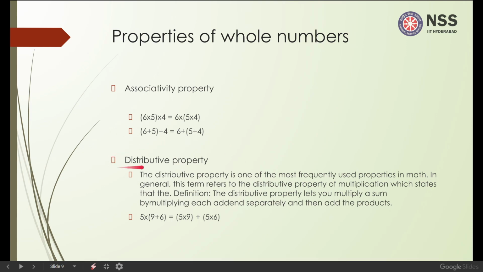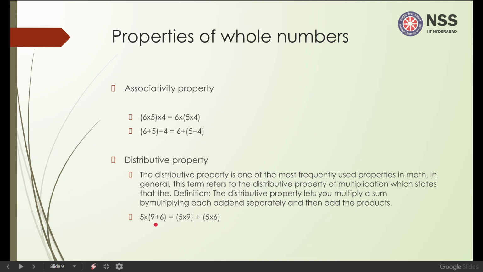Let us understand distributive property. Distributive property states that if we multiply a number with a sum of a few numbers, then it is the same as multiplying each of those numbers separately and then adding their products. Let's take a look at the example. So 5 multiplied by 9 plus 6.